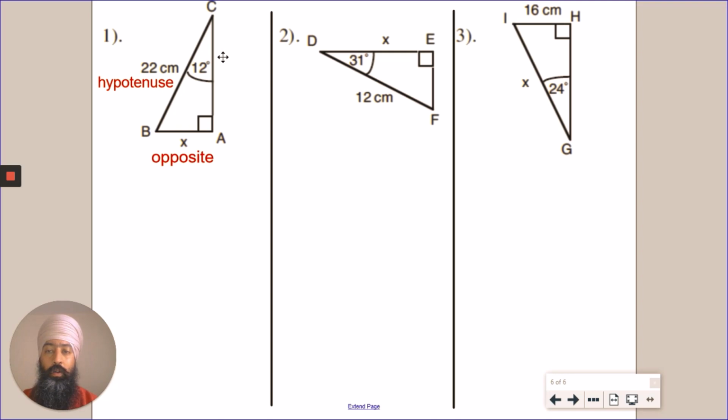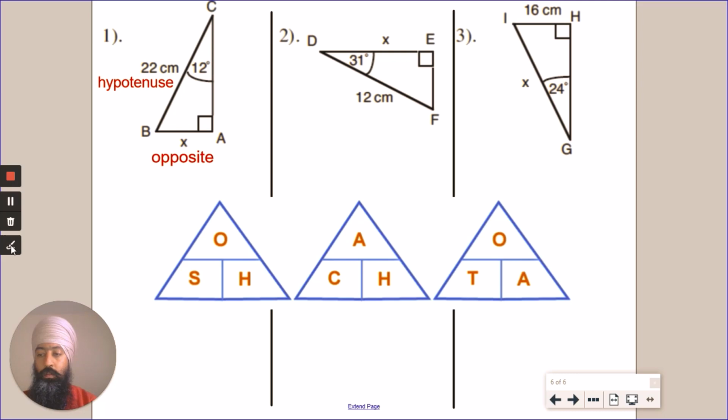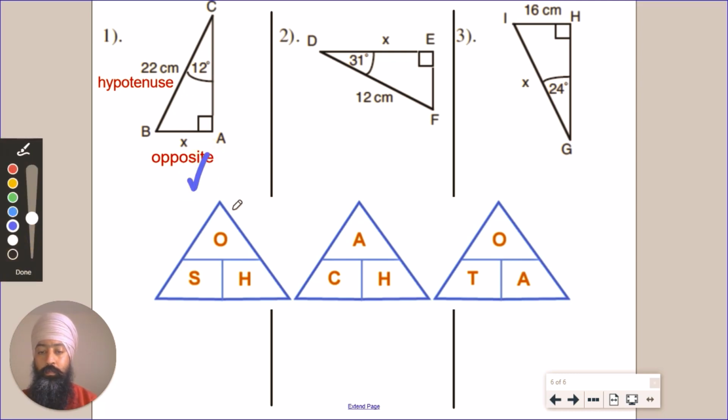It's not a number, it's not a measure, or a letter which denotes something I need to work out, so it's not going to be used in the question. As I have opposite and the hypotenuse, the only triangle which has an O and an H in it is this triangle here. So this is the triangle I will be using in this question.